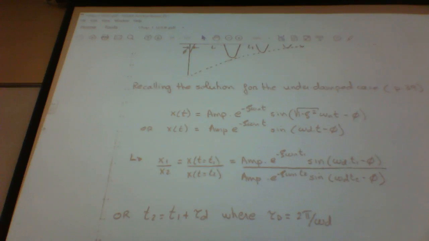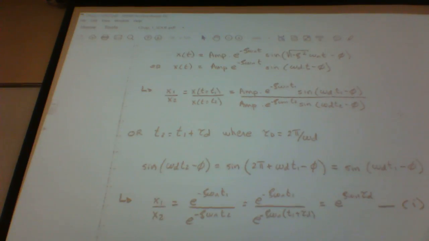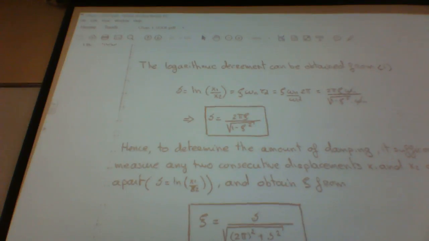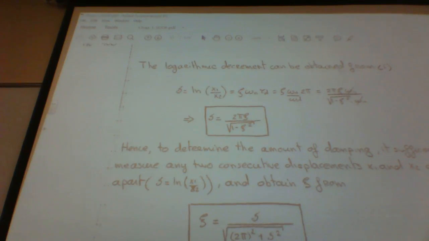Things right after this. Okay, here, no? Yeah, that looks like it. So using this relation, the logarithmic decrement can be obtained from this one. So this is your ratio that you want.